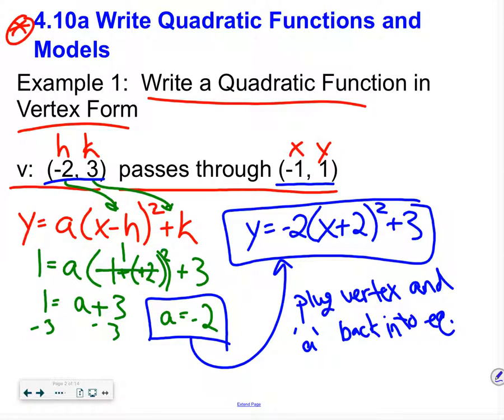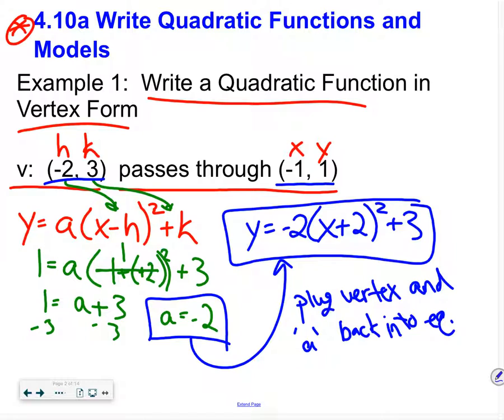And then you're done. So that's our equation in vertex form. If you were to graph that, you can get this same information back out. Okay, questions on that one? That's just using vertex form.